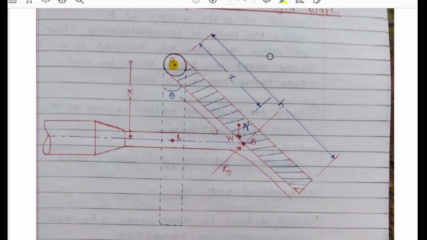For calculation of moments about the hinge, first we have to calculate the normal force Fn. What is the formula for Fn? Fn is the force due to the jet of water normal to the plate. Fn equals rho a v square sine of theta, but here theta is the angle of swing, so we have to take theta dash.